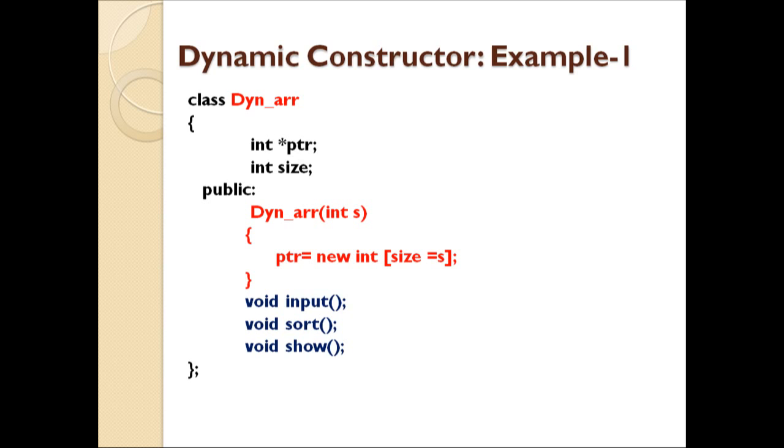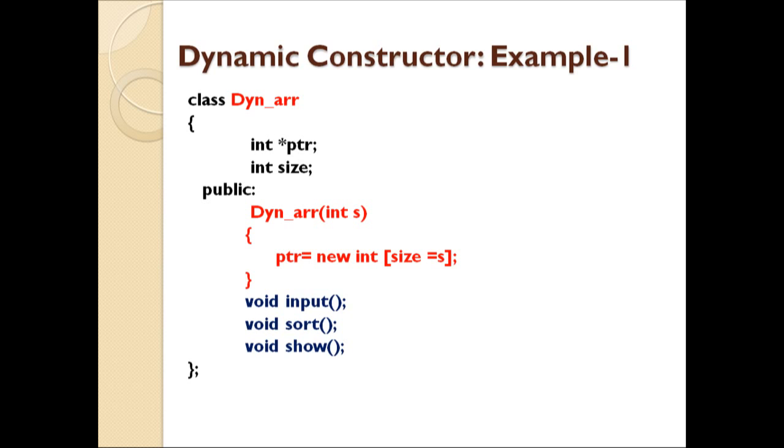The name of the class which is listed in this slide is dynamic array, and the purpose of this program is to sort the elements of the array, and we are interested in accepting the value of size dynamically, from the programmer, or we can even initialize it in the main function.